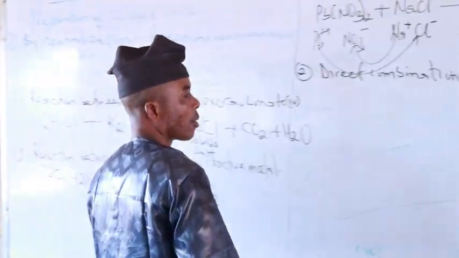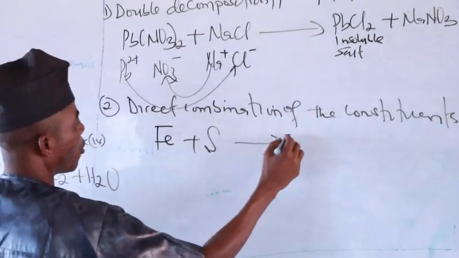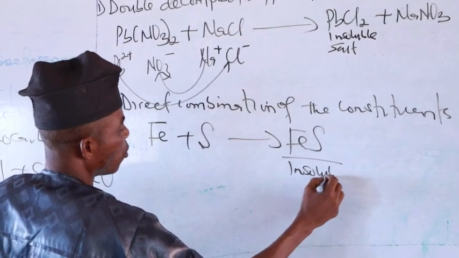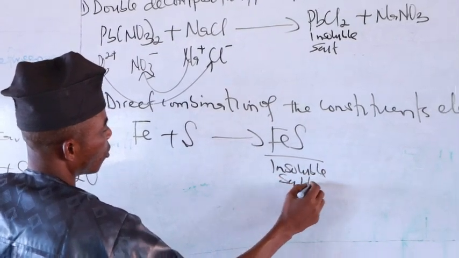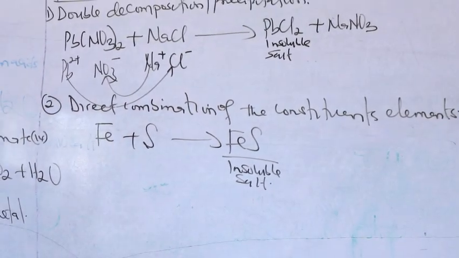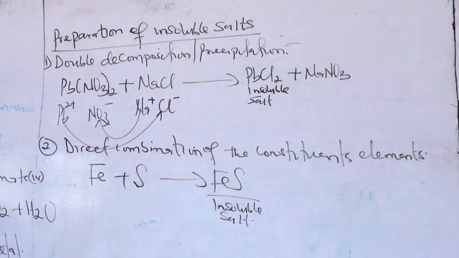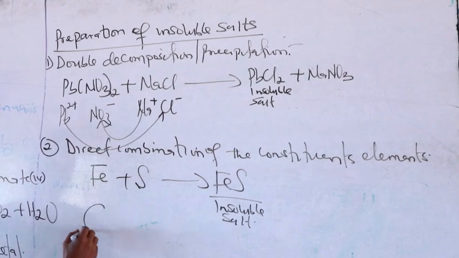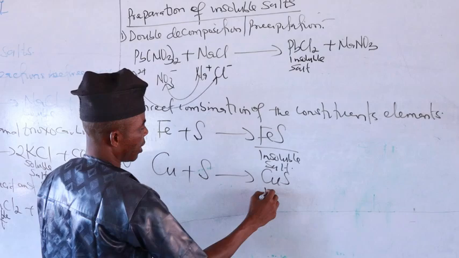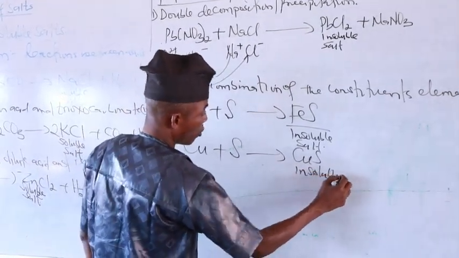The reaction between iron and sulfur will give us iron(II) sulfide, which is an insoluble salt. If I want to prepare copper(II) sulfide, I will combine copper and sulfur. Copper combined with sulfur will give us copper(II) sulfide, which is an insoluble salt.